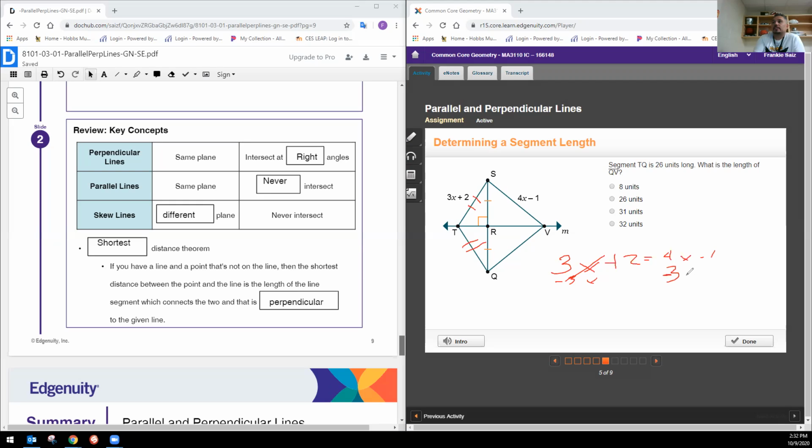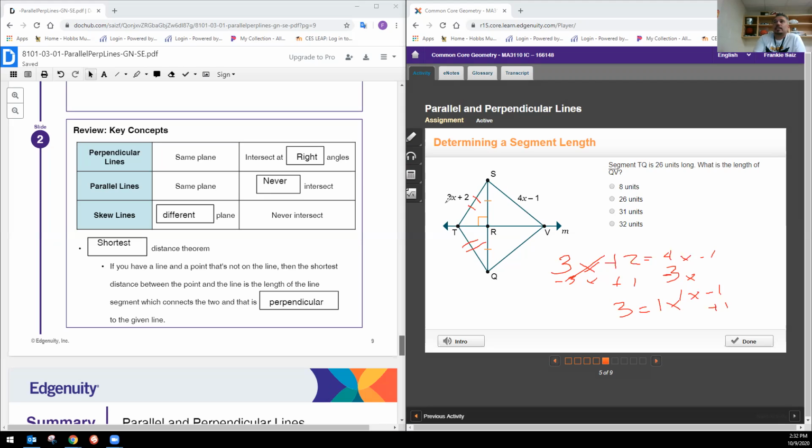Negative 3x. And this is going to be 1x minus 1 plus 2. To cancel this out, I got to add 1. That's going to be 3. These two combined is 1x, so that's 3 equals 1x. Okay, so x is equal to 3.